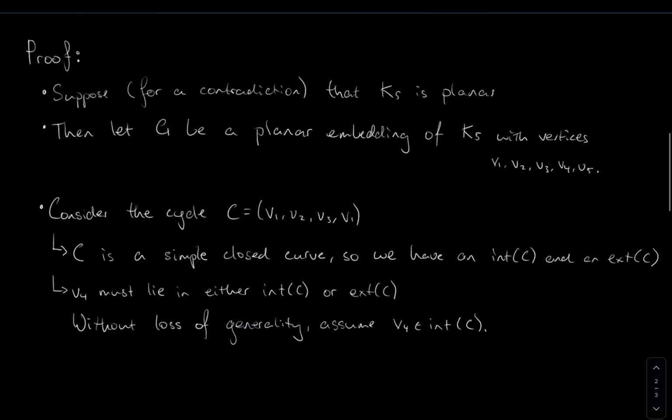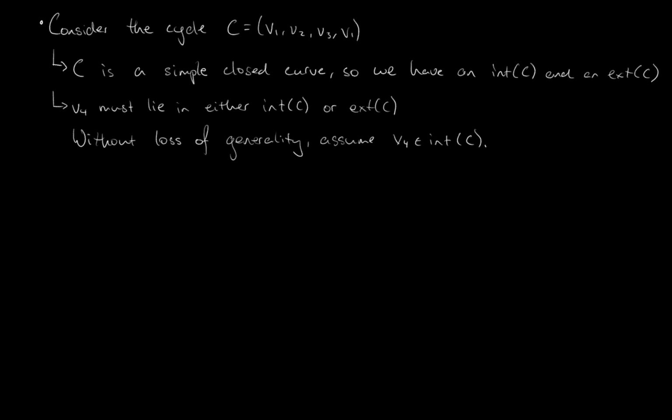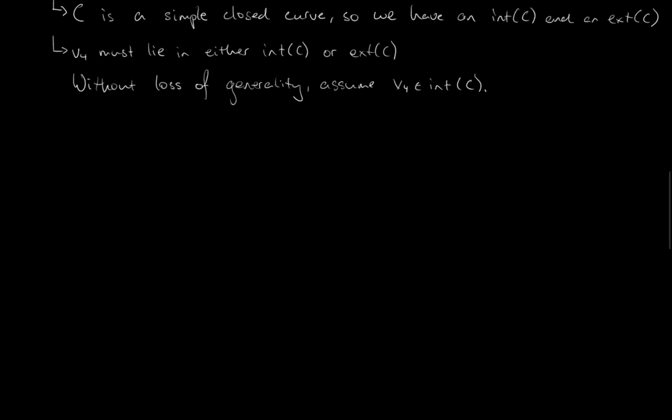So we've got a lot of words here so far. Let's draw a diagram. Let's say V1 is over here, V2 is over here, and V3 out here. So we have our cycle, V1, V2, V3, back to V1.